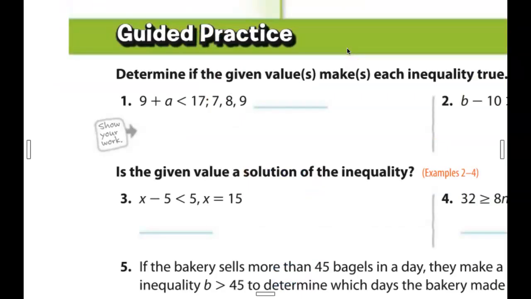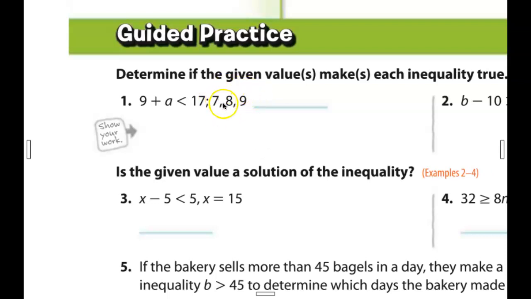Okay, so if we know that inequalities have an infinite number of answers, but not everything is a possible solution, we're going to practice figuring out if given values are actually possible solutions. So this says that 9 plus a is going to be less than 17. 7, 8, and 9.